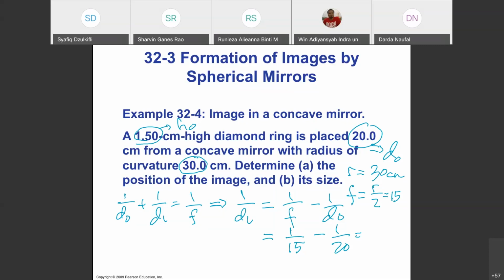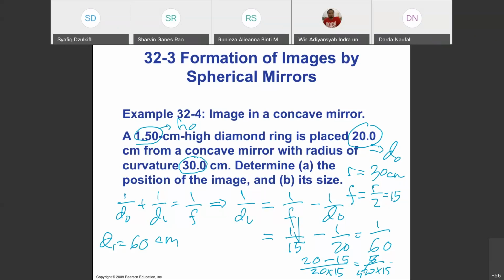That is 20 minus 15 over 20 times 15, which is 5 over 300, so 1/60. So DI is 60 centimeters. Position of the image is 60 centimeters.